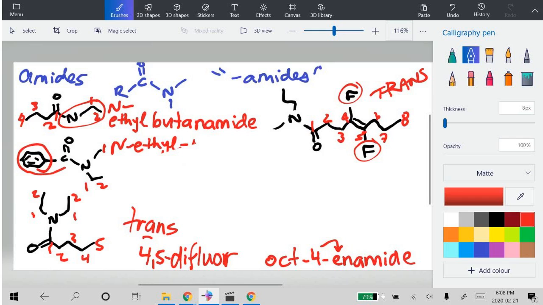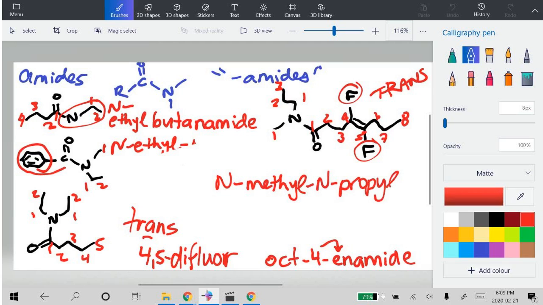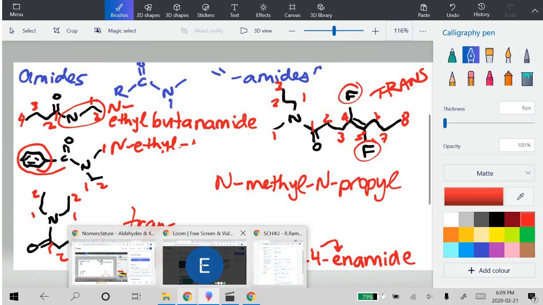Then I just have to go in and label the side chains off of nitrogen. I have a 1-carbon methyl and a 1, 2, 3-carbon propyl. So alphabetically, that should be N-methyl, N-propyl, no space, trans-4,5-difluoro-oct-4-enamide. And that's the craziest it can get.